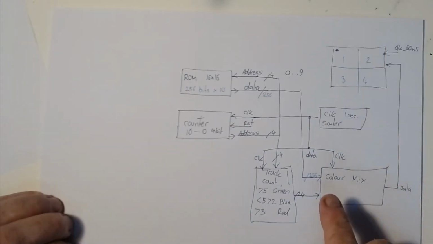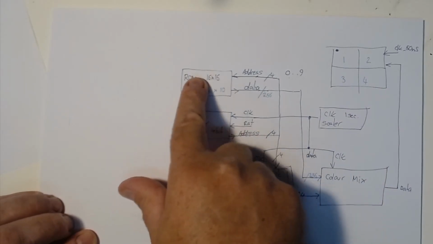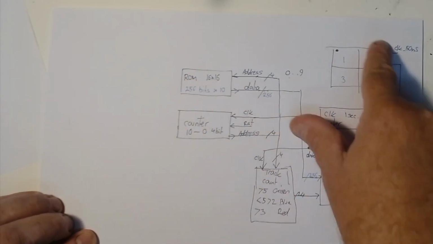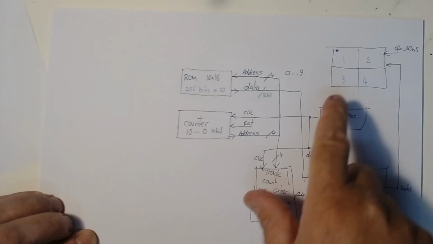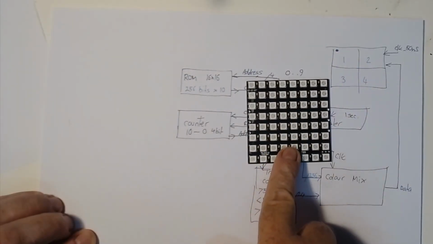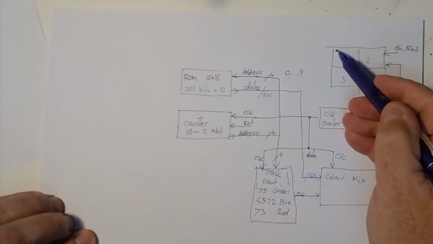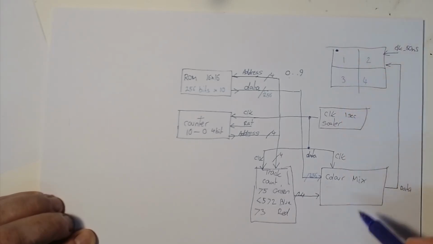So I stopped at this point and had a bit of a think about how I'm going to arrange my ROM and how I'm going to get my data to my matrix display. So my matrix will basically be the 4 of these. So 1, 2, 3, 4. And what I'm thinking I will do is just send 1 pixel at a time from my color mixer.